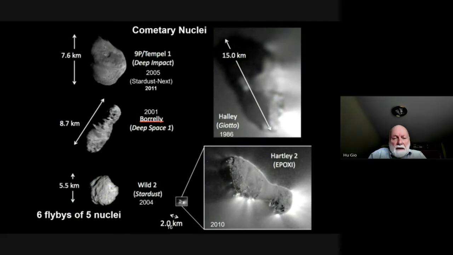So, summarizing the flybys, we flew by 5 comets, with 6 flybys by 5 nuclei, and you can see that about 3 of those 5 comets look bilobal. So this seems to be a typical way to form comets.